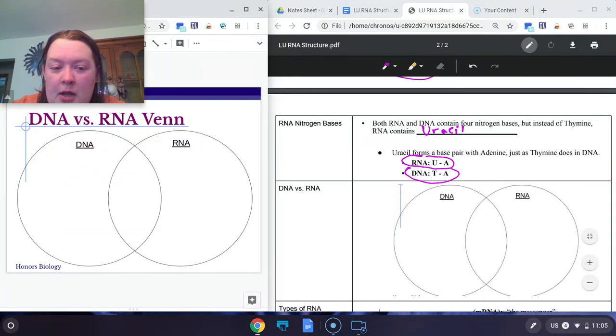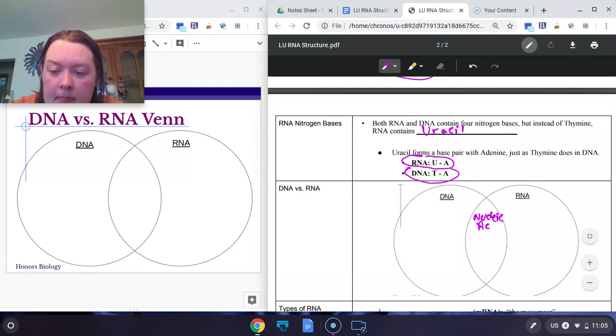So let's look at some comparing and contrasting here of DNA and RNA. Both DNA and RNA are nucleic acids. They both are genetic info. Made of nucleotides.